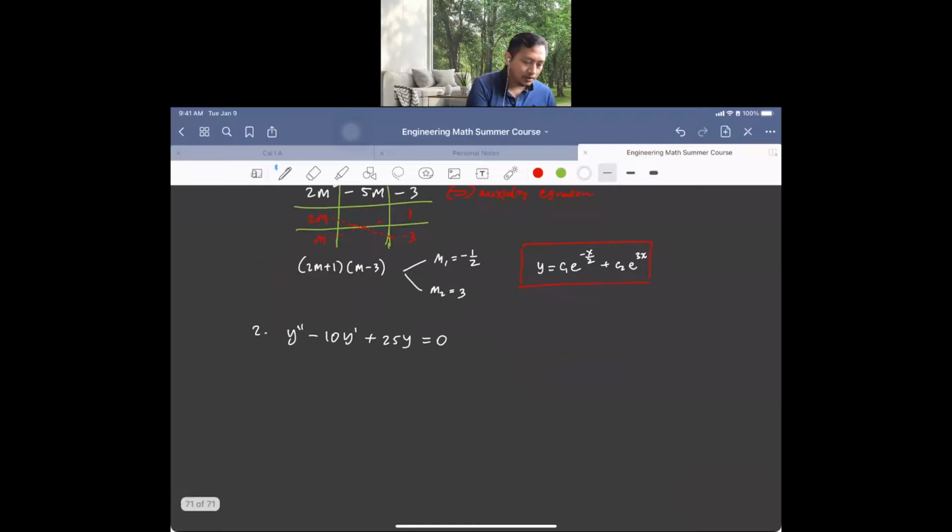Very fast, very quick. So first here, this will be m squared minus 10m plus 25.